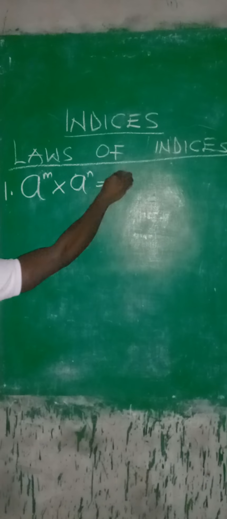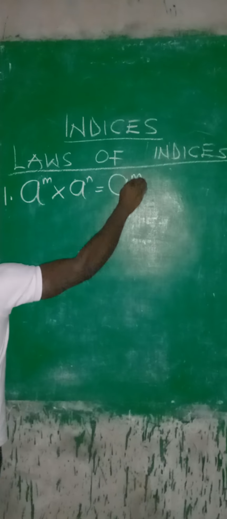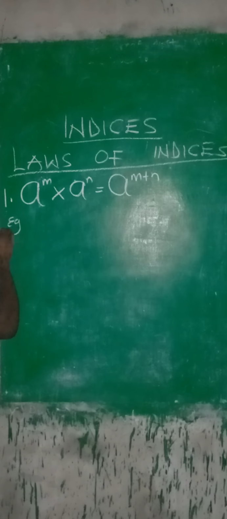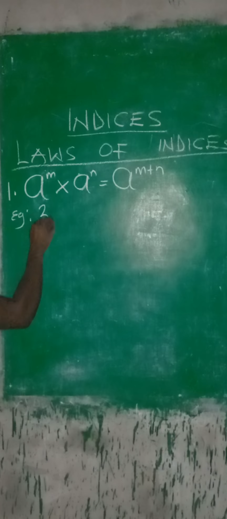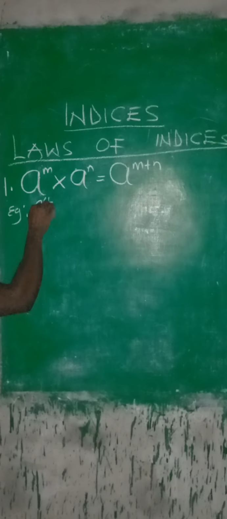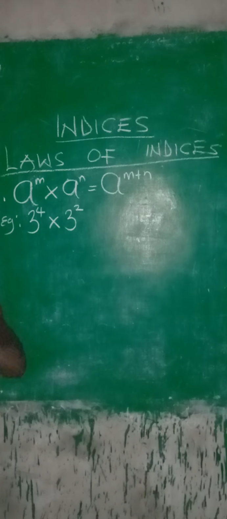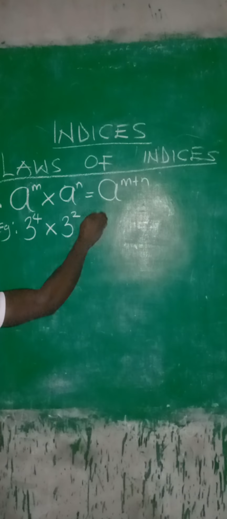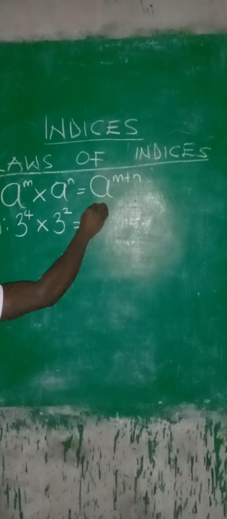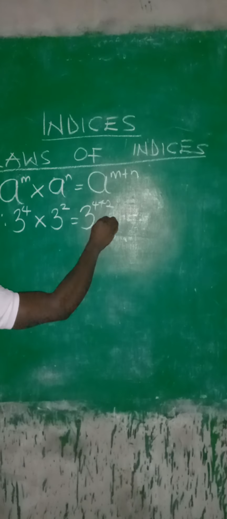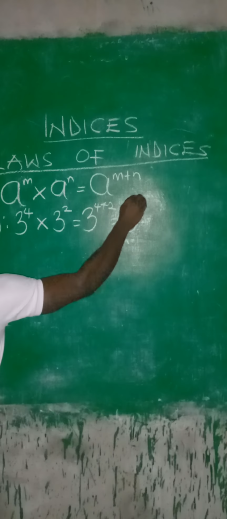So this is going to give you a^(m+n). Let's look at the example. Let's say we have 3^4 times 3^2. It is going to give you 3^(4+2), which is giving you 3^6.